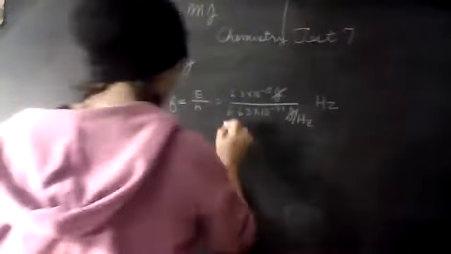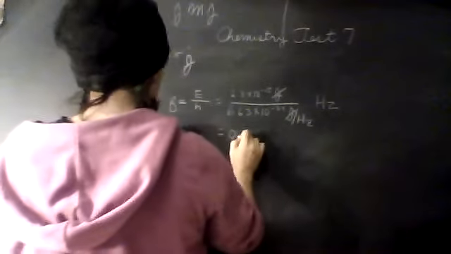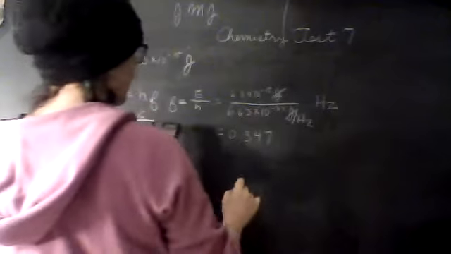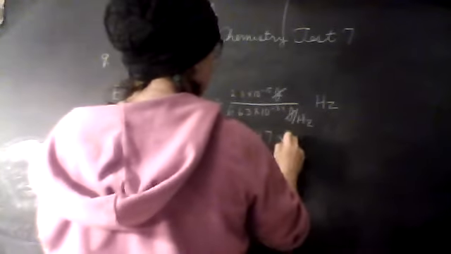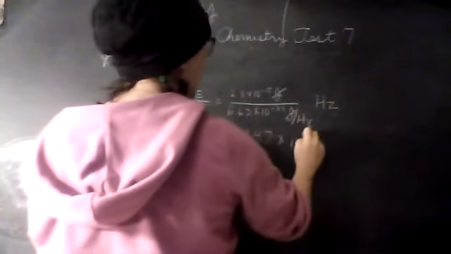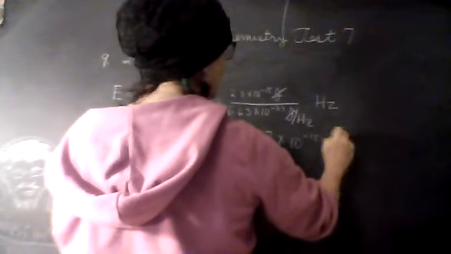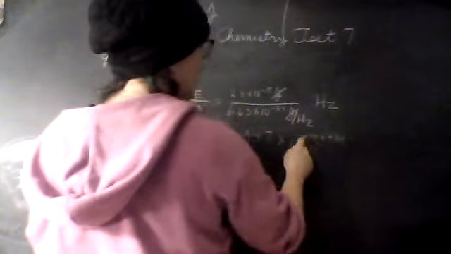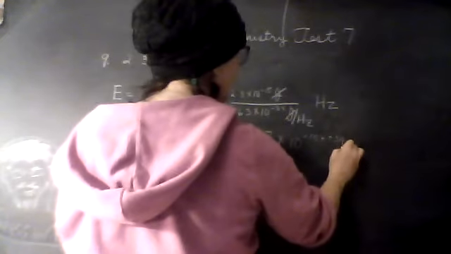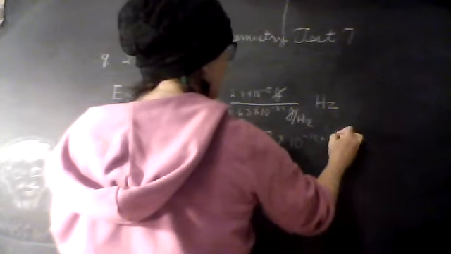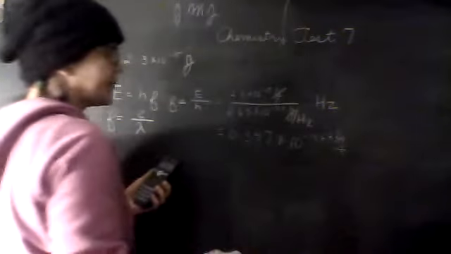Okay. So that gives me 0.347 times 10 to the negative 15 minus negative 34. It's plus positive. So that gives me positive 19.